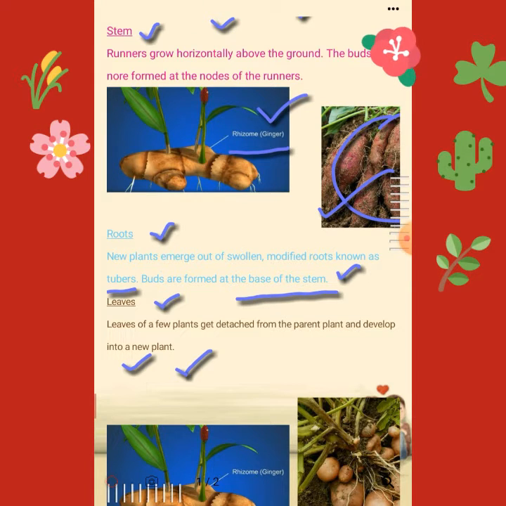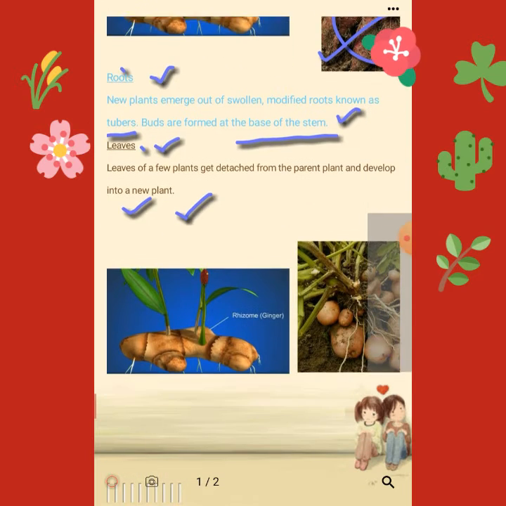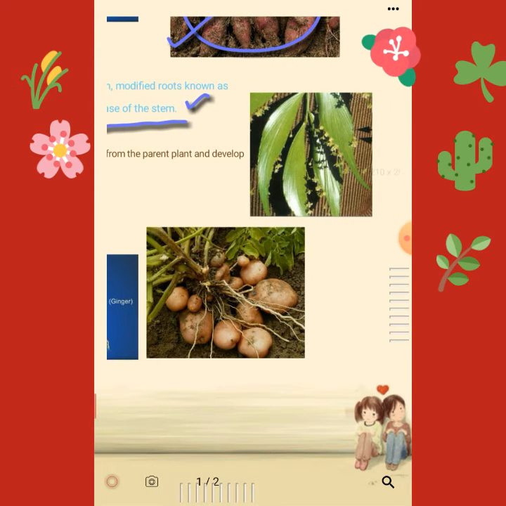Okay, so like that, natural vegetative propagation can occur with the help of stem, root and leaves. Here we already discussed, right? Potato, this is the white potato, which is a stem modification, is having eyes, notch-like structures.